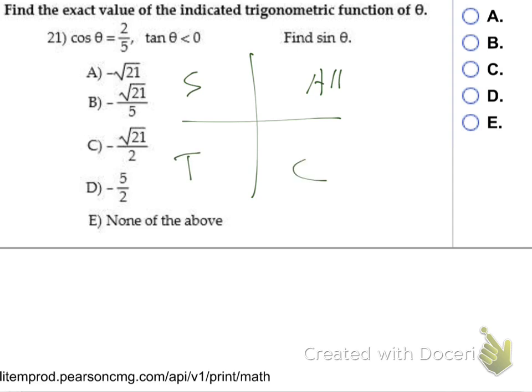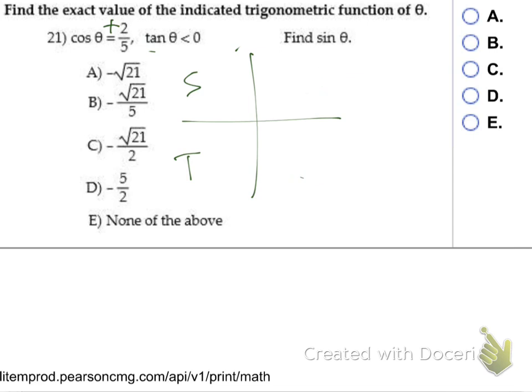So they're saying cosine is positive. And tangent, what do they think about tangent? Negative. Tangent's negative. So what quadrant are we in? That's where cosine's positive and not everything's positive. Tangent's negative. So we can't be in quadrant 1. So we're in quadrant 4.